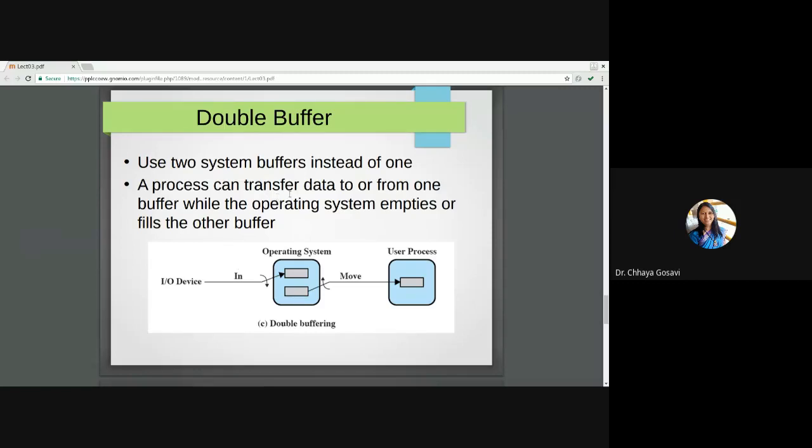So your operating system is filling this buffer and emptying that buffer. This is with the help of two buffers. Here again, efficiency will increase and the deadlock problem can be resolved.